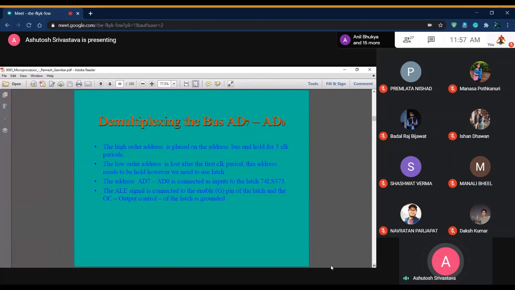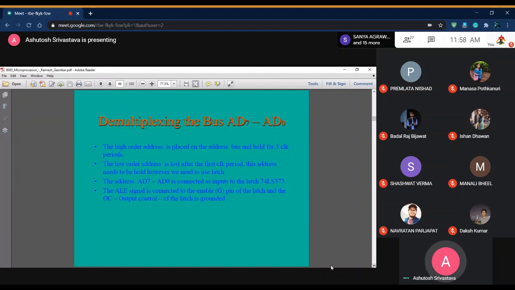So expanding on this demultiplexing concept, the higher order address is placed on the address bus and it holds for 3 clock periods or 3 clock pulses. The lower address is lost after the first clock pulse, and this address needs to be held, which is achieved by using a latch. The address AD0 to AD7 is connected as the inputs for the latch.